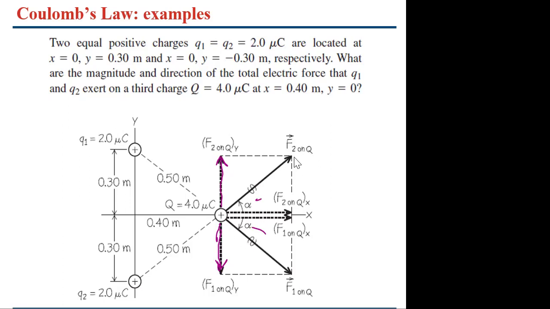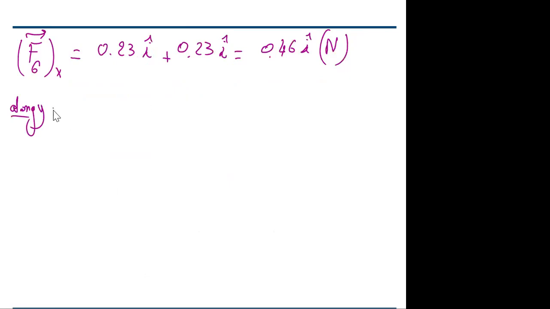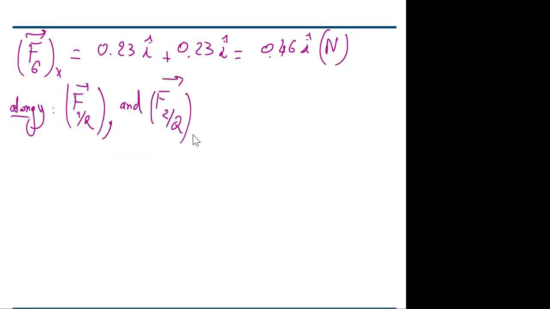So we can write that the y components of F1 on Q and F2 on Q have the same magnitude but opposite direction.